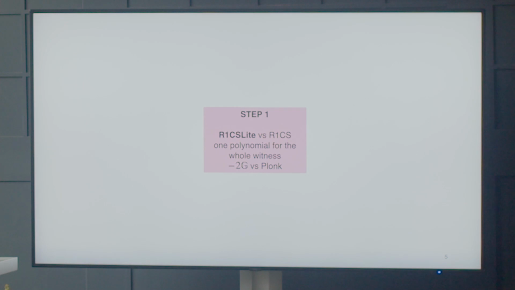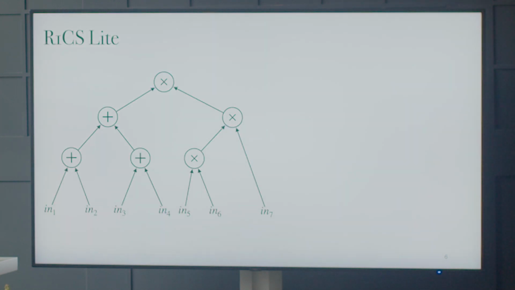Our first step was going from R1CS to R1CS Lite. So let me introduce R1CS Lite.